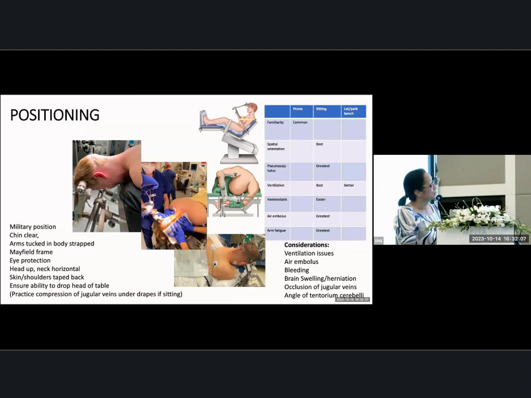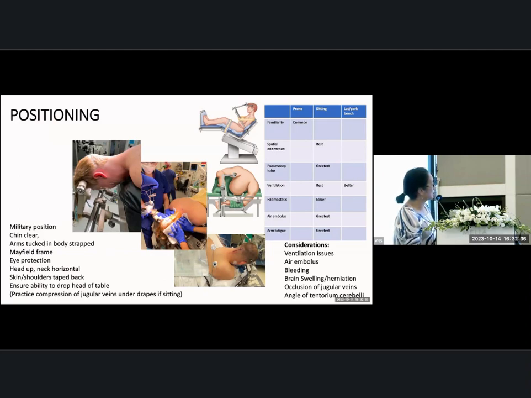There is much better ventilation and hemostasis associated with the sitting position, but there's also a greater risk of air embolism and arm fatigue and pneumocephalus. The prone position is a very common position, and I'm very familiar with doing that. There, you can also do a lateral or park bench position, which again, for me, it distorts the anatomy a little, so I don't mind doing the prone position.